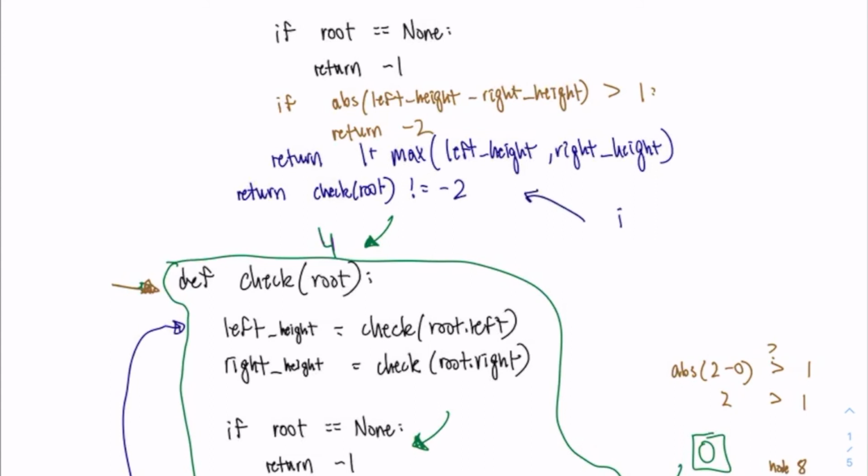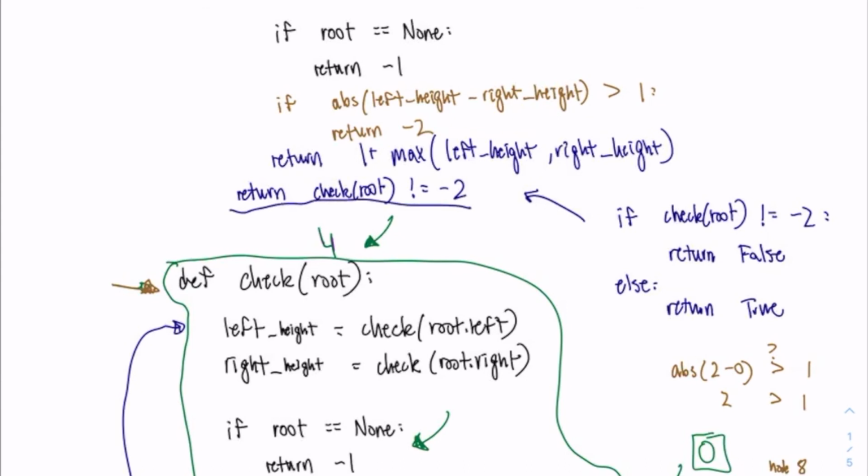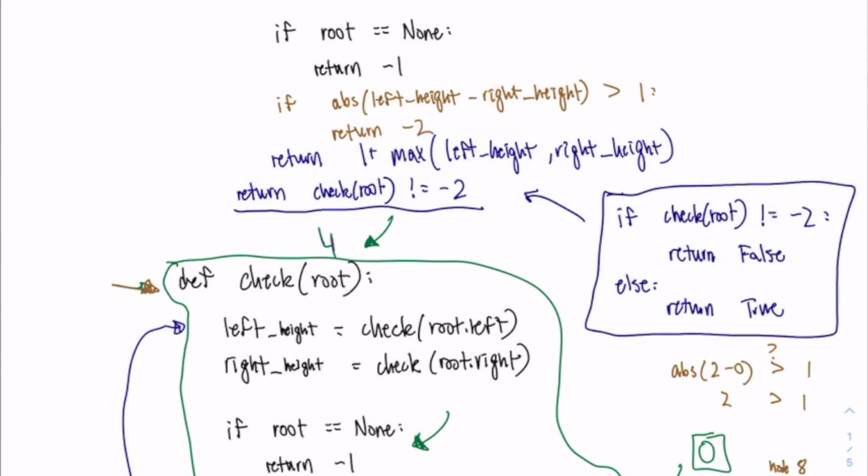So this is basically saying if check root is not equal to -2, return false, else return true. So this is just a much easier and more succinct way of writing this same statement.